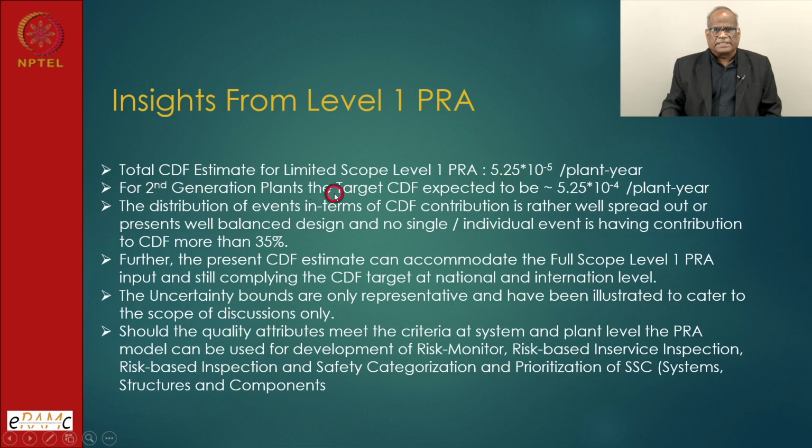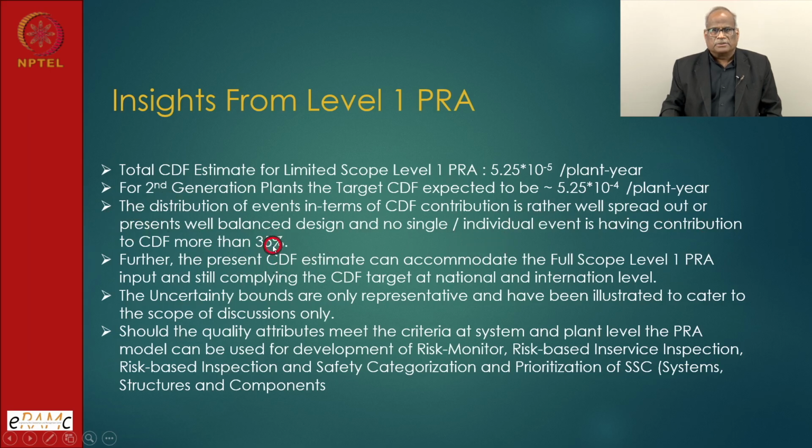So for a second generation plant, CDF is expected to be of the order of 10^-4 per plant year. So we have first generation, second generation, third generation plants. Okay, the distribution of events in terms of CDF is rather well spread out, which presents a well balanced design and all that. Individual plant contribution to CDF is not more than 35%.